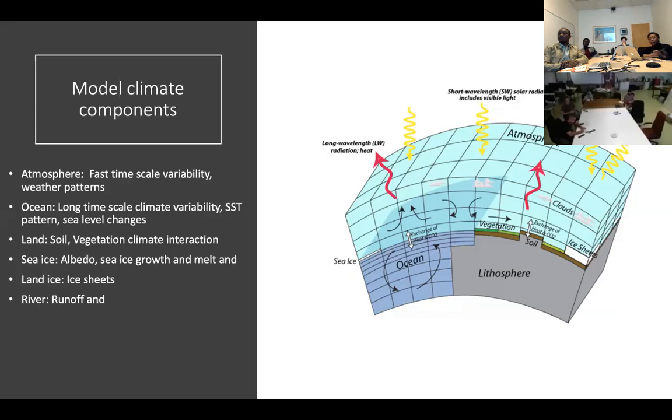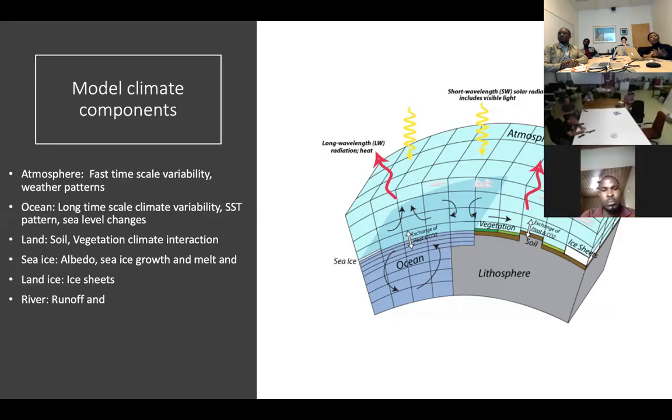Then you have land ice too, ice sheets that, if they melt, can have a huge impact on sea level rise. And then there's also the river models, sorry, I did not complete that sentence, that try to represent the amount of runoff into the ocean from rivers, and the nutrients that can flow into the ocean from that.